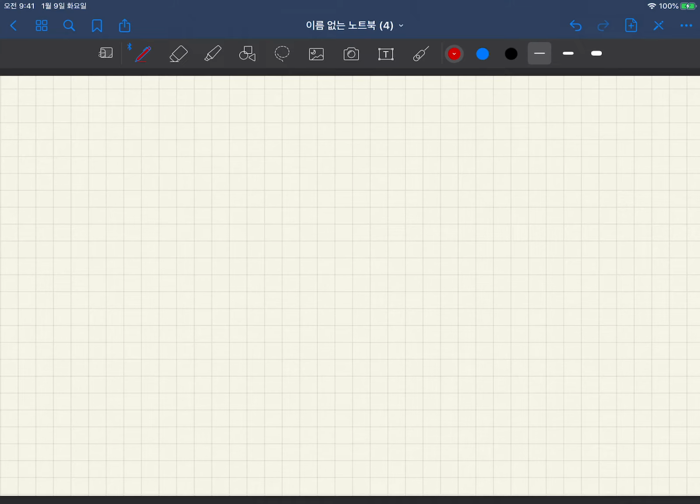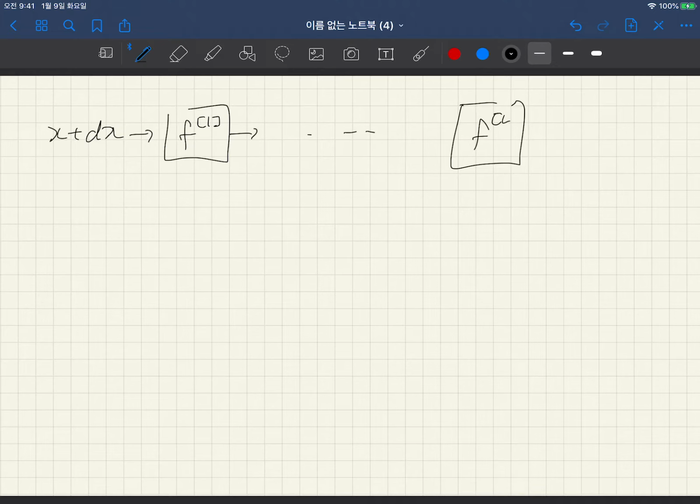So let's imagine we have x plus dx as an input, and this input goes through f1 through f_L.